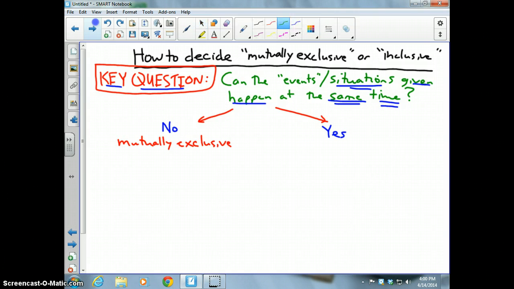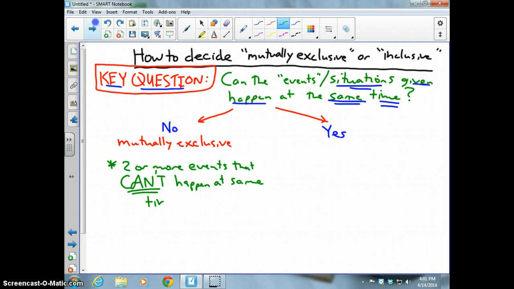Now, what does mutually exclusive mean? Mutually exclusive is two or more events that can't, write that in capital letters, can't happen at the same time. Can't. What else does that mean?